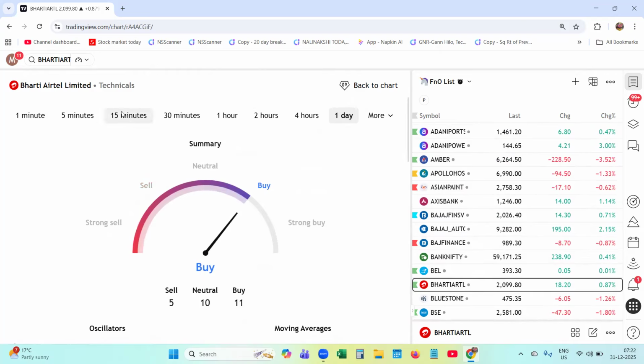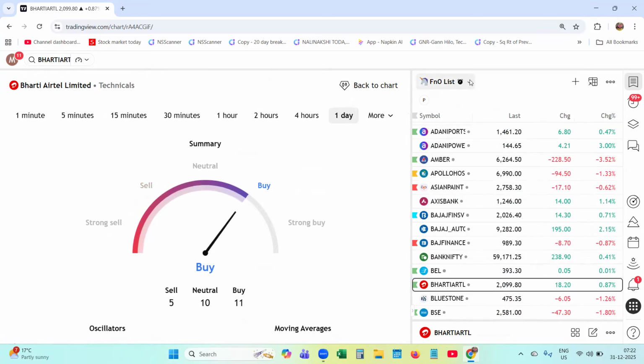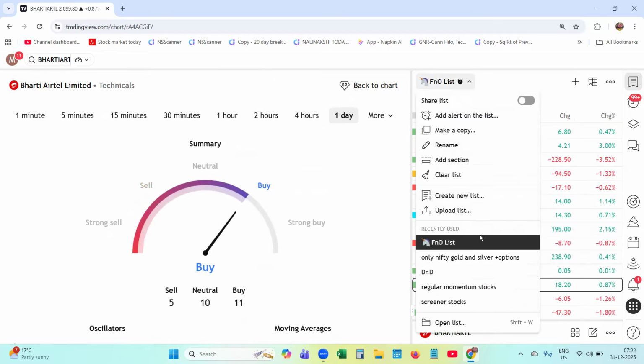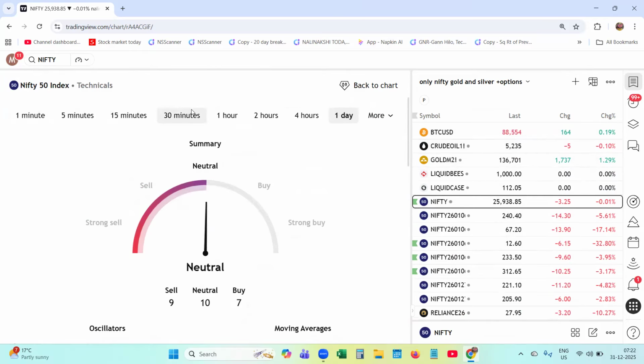Even you can check for the Nifty also. Let us go back to my watch list and click on that. 30 minutes neutral, 1 hour sell, 2 hours sell, 4 hours neutral, 1 day neutral. 1 minute buy, 5 minutes strong buy, 15 minutes buy, 30 minutes buy.